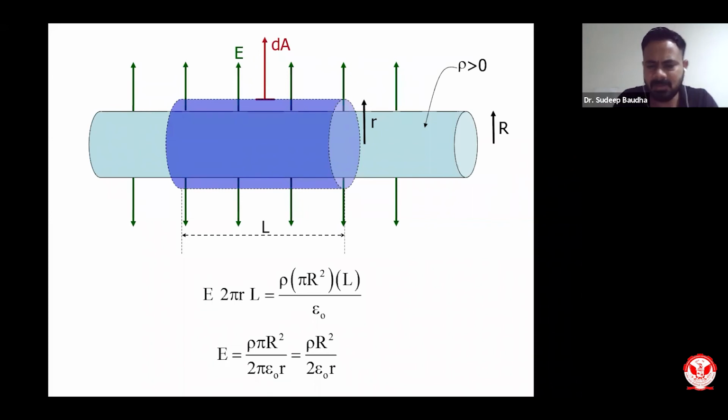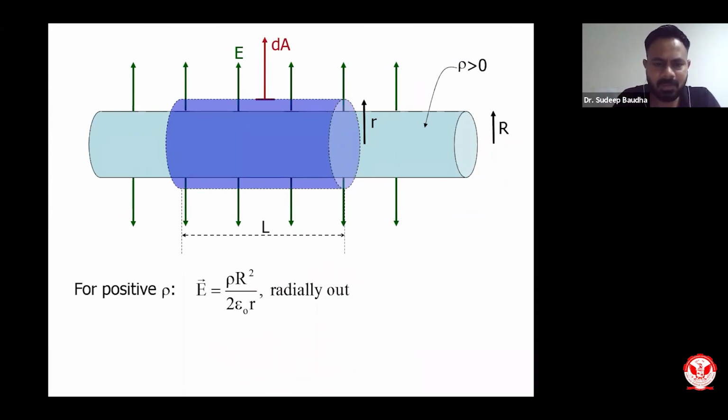I hope now the mathematics is very clear. It is a bit tricky, but you can always discretize the geometry into small segments in terms of Gauss cylinder, Gauss sphere and all, and you can find out the actual electric field at a distance r.